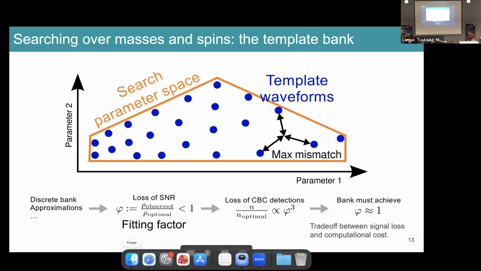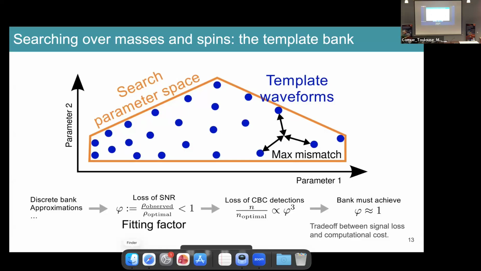Of course, our true signal will in general never be on top exactly of these points. It will be somewhere else, of course. So we need to be sure that we have at least one point, one template, which is sufficiently close to our signal in order to recover the SNR. And this gives us some algorithms that people have developed to actually place these points.